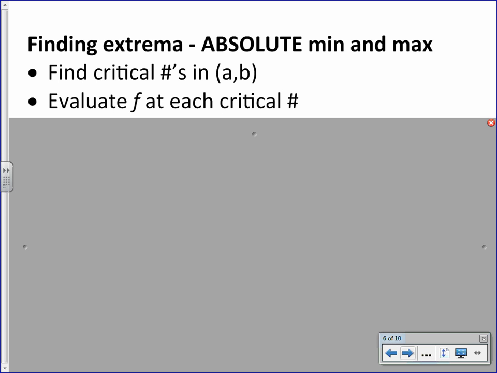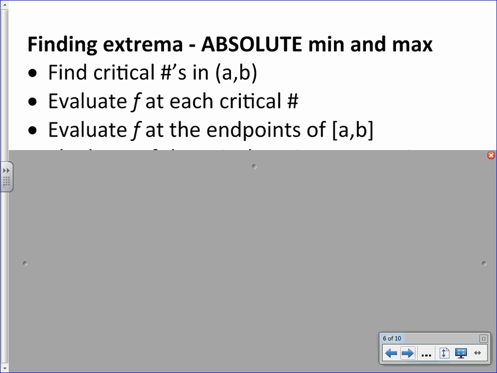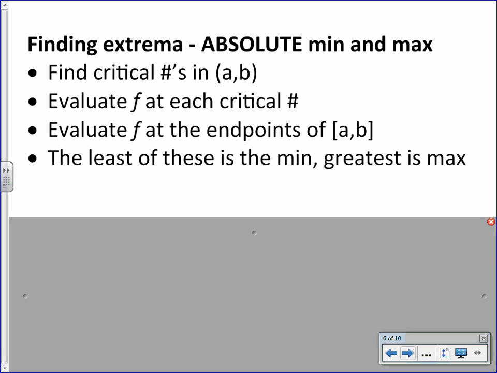We're then going to evaluate each of the critical numbers so we know the function value, we know the height at that point. And we're also going to evaluate our function at the endpoints. So plug in a, plug in b. You're going to have a handful of points to compare then. You're going to decide which function value is highest.